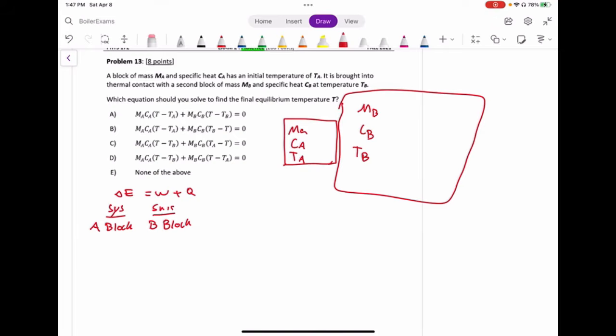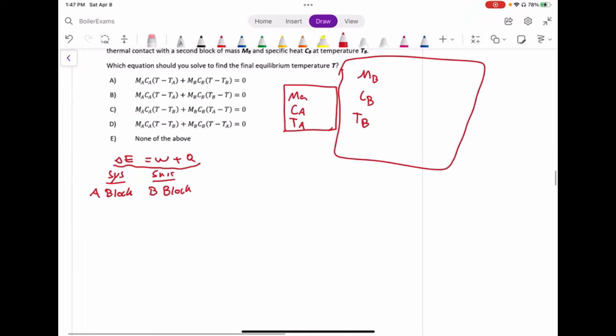So, in our energy system, I've always made the approximation that Q just isn't there, but the full form is delta E equals work plus Q. If we make the A block our system, delta E internal of the A block is equal to Q because work is 0. There are no moving parts here.